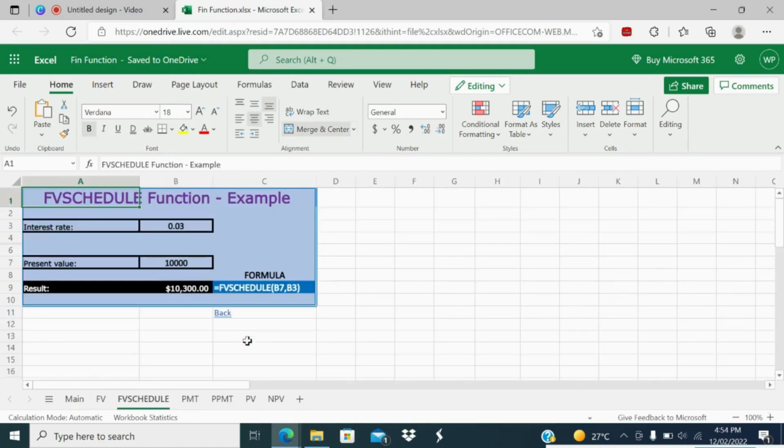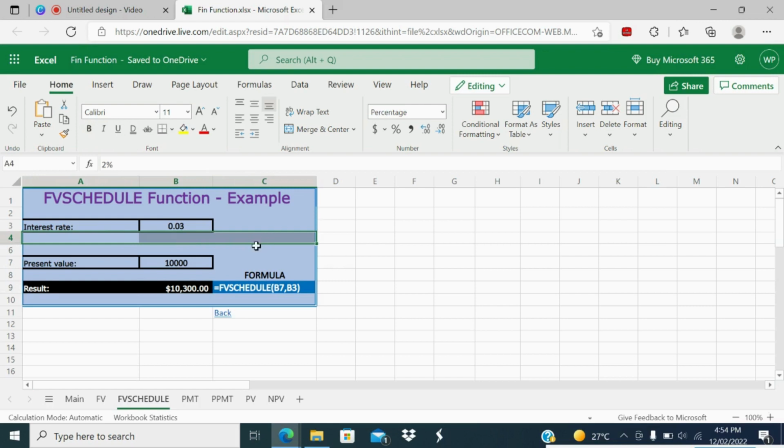I have an interest rate and the present value is 10,000. Now the argument here should be an array of interest rates. I cannot consider one interest rate here. Instead I need to consider an array of interest rates.